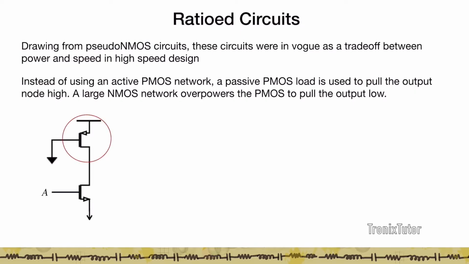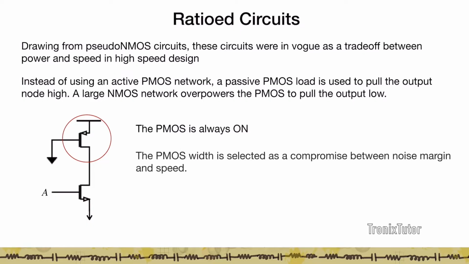So for example, an inverter in this technology would look something like this. If you look at this PMOS, the PMOS gate is connected to 0, which means this PMOS is always on. So when I want to pull the output low, I need to ensure that this NMOS is able to overpower this PMOS and eventually pull this output low, right?